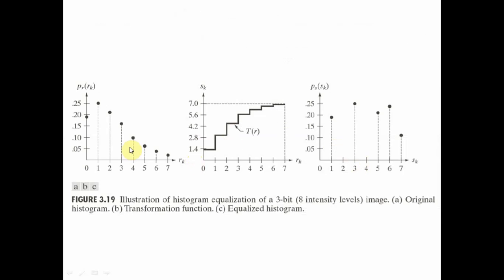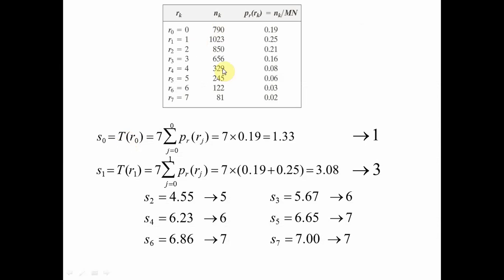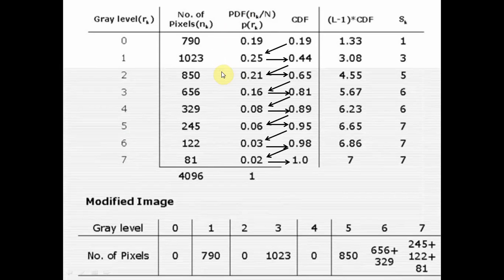Okay, so starting it was like this, after equalization now you can say it is uniformly distributed after applying the transformation function, that is the transformation on this. So A is the original histogram. Before this the histogram was like that.